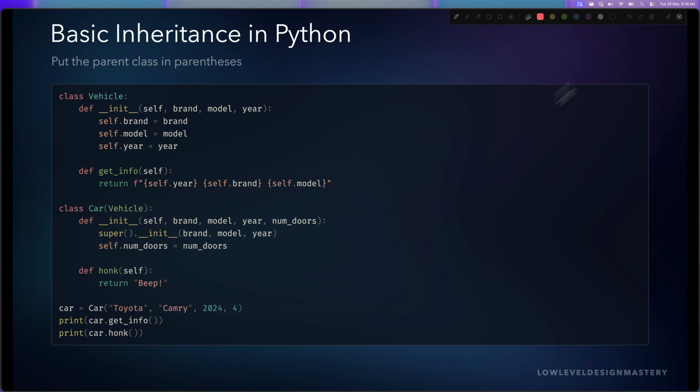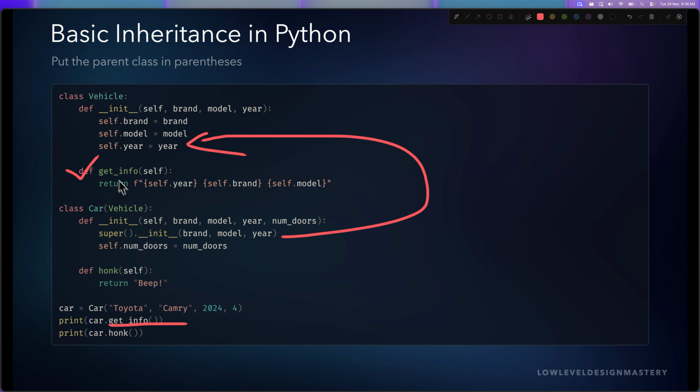Another thing to notice: whenever you create an object from the Car class, this super().__init__ is calling the constructor of the parent Vehicle class. That is why when you do car.getInfo, you are able to get this returned value. So the child object can use the inherited behavior and also its own behavior.